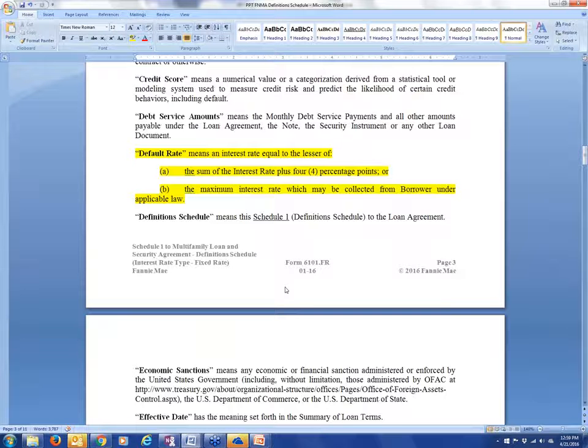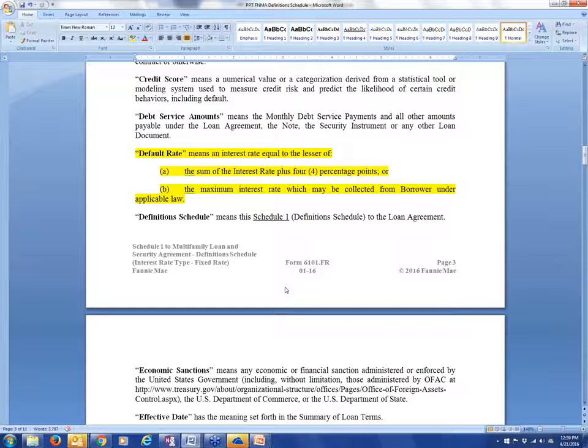Check this out. What's the default rate? If you enter into an event of default, what happens to your payments? The sum of the interest rate plus 4 percentage points. Ouch.